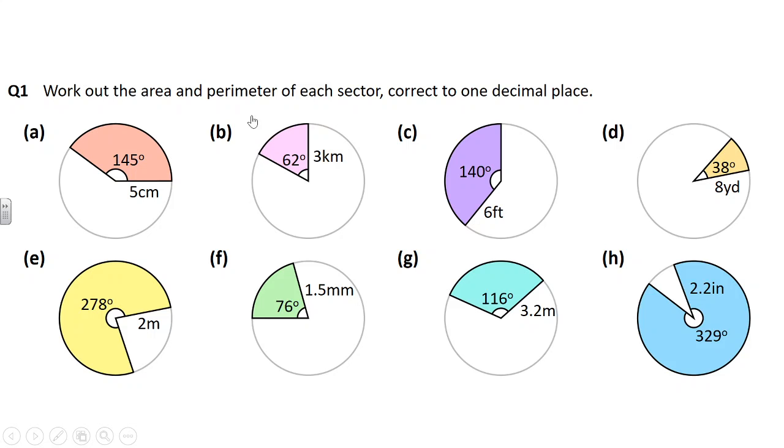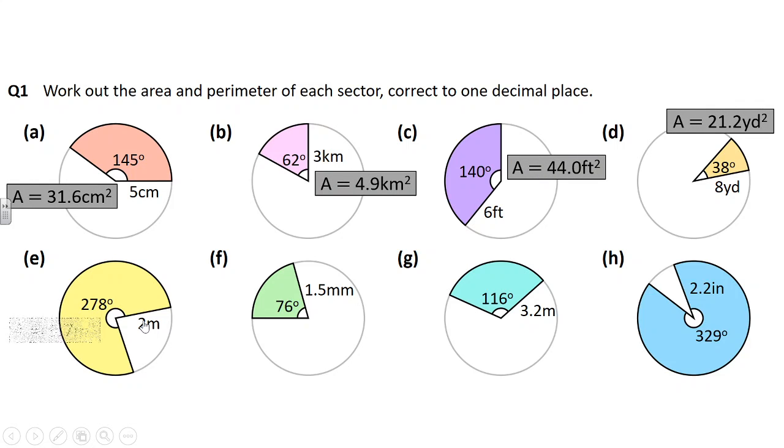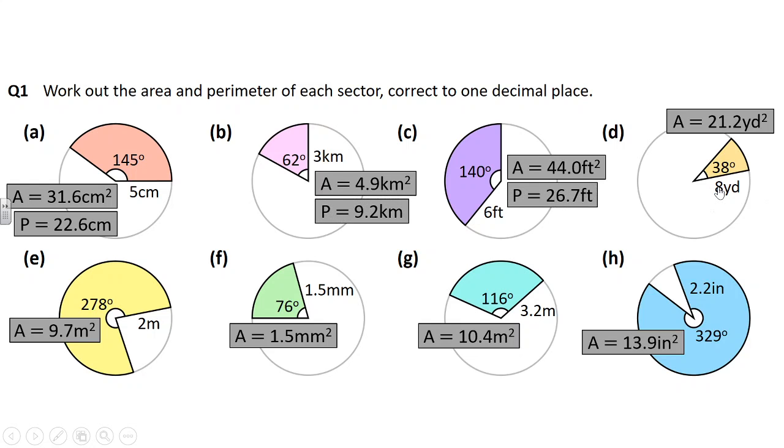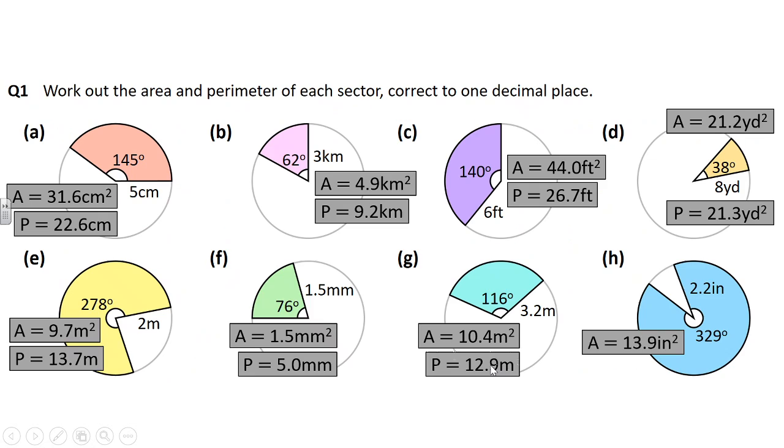Okay, answers for these questions are here. So can you check those, please? That's the area, and then the perimeters are there. Okay, can you check those, please? Make sure you're marking your work.